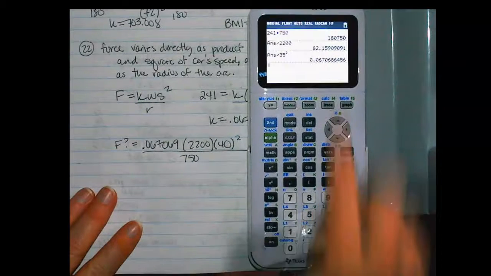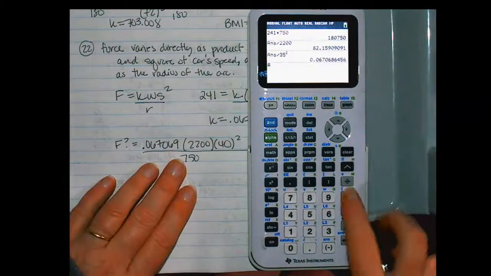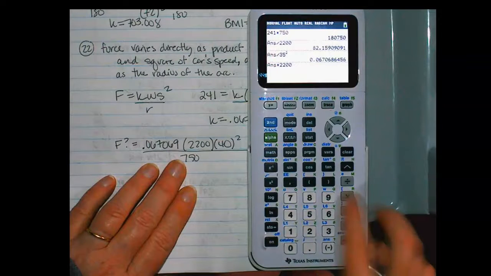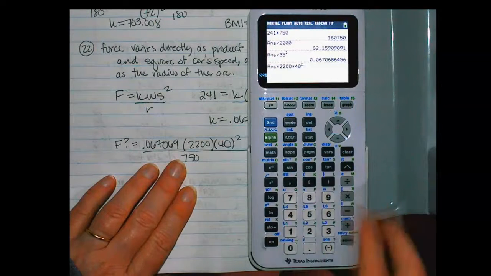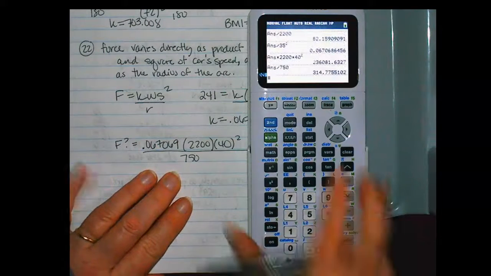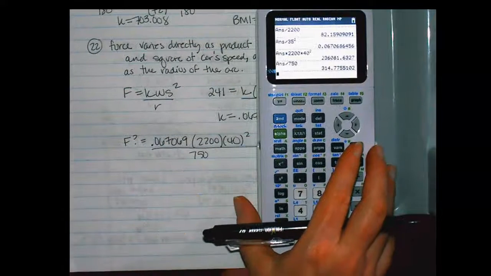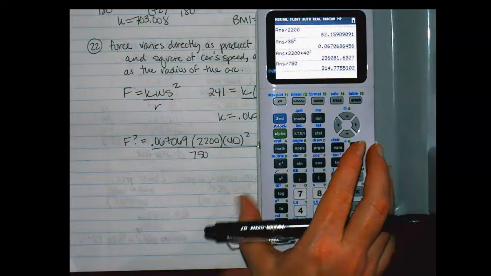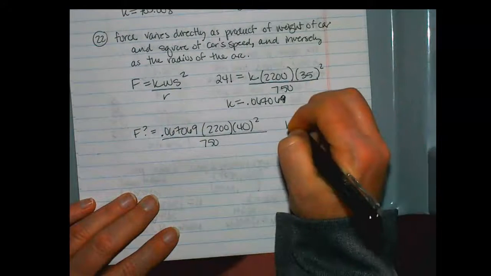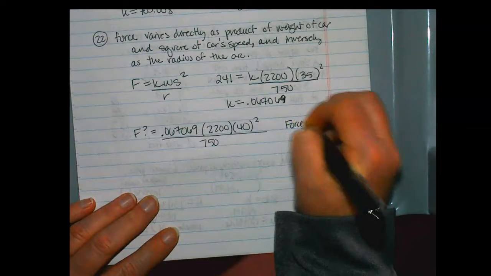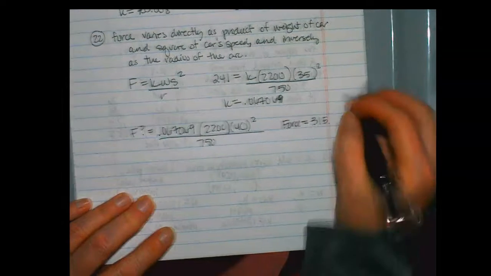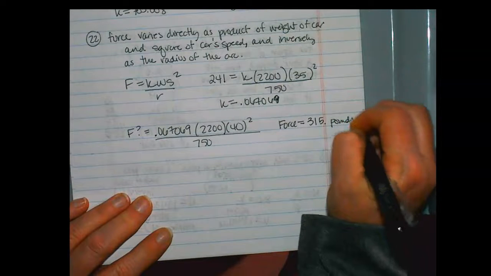I have this value times 2,200 times 40 squared equals, divided by 750, is 314 pounds of pressure. It rounds up. They gave us force is equal to 315. They rounded up pounds of pressure.